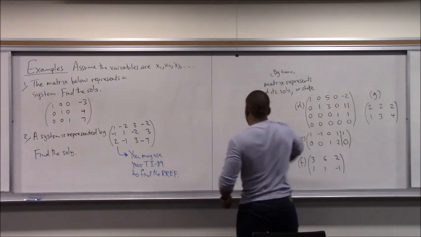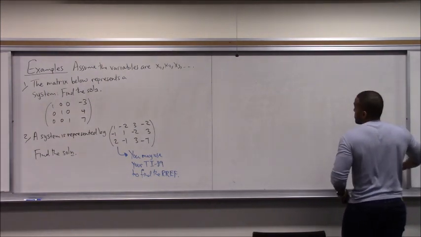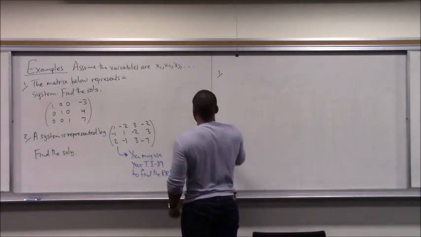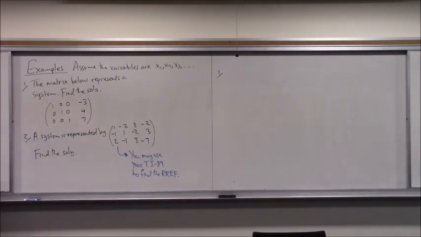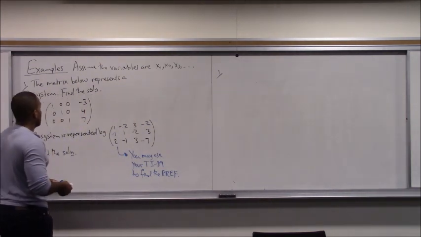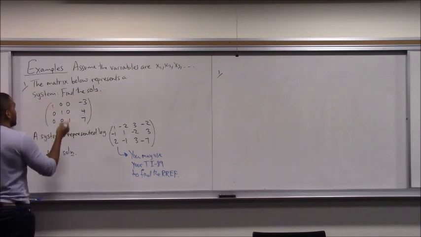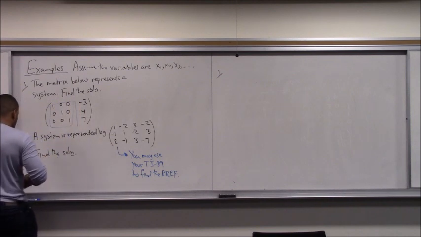So let's do 1 and 2 over here. So 1. Right, this one, that's the identity right there. Remember that last line tells you what's on the other side of the equation.